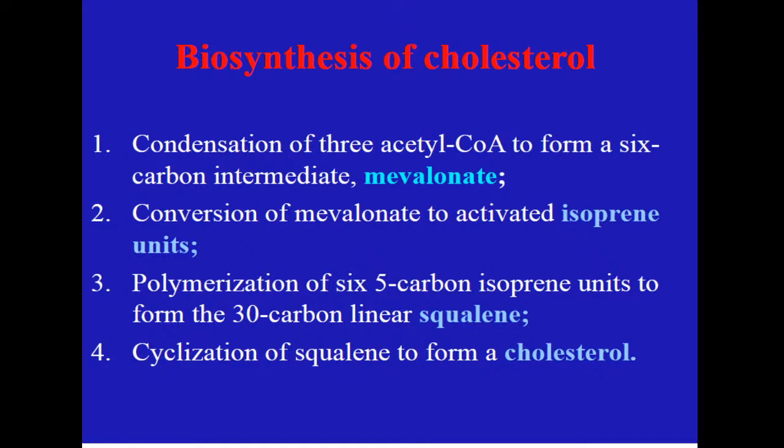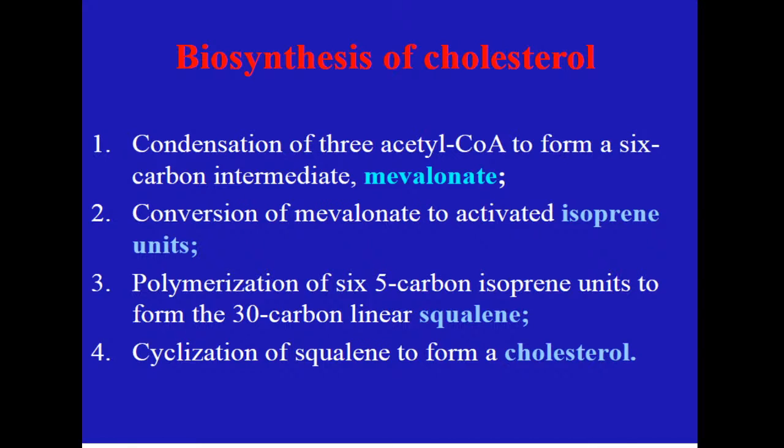Third stage, it's a polymerization of 6 molecules of these 5 carbon isoprene units. Let's multiply by 6. We will obtain a 30 carbon linear chain, which is named squalene. So the third stage, it's a formation of squalene. And then cyclization of the squalene to form really cholesterol through the stage of lanosterol.